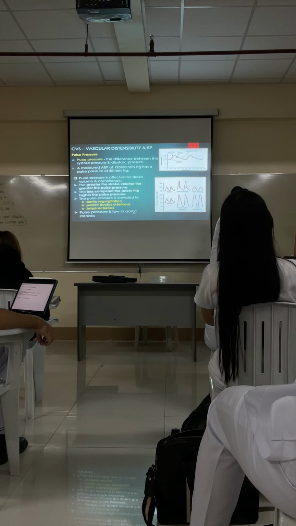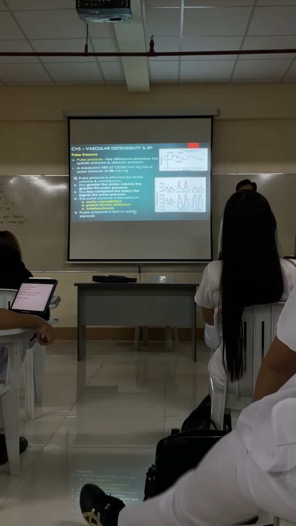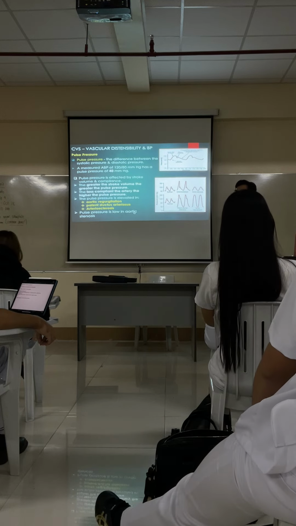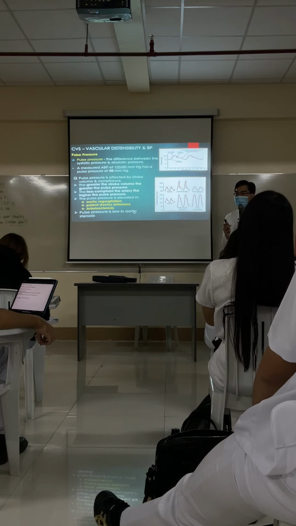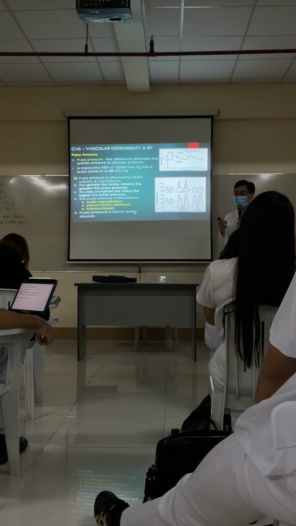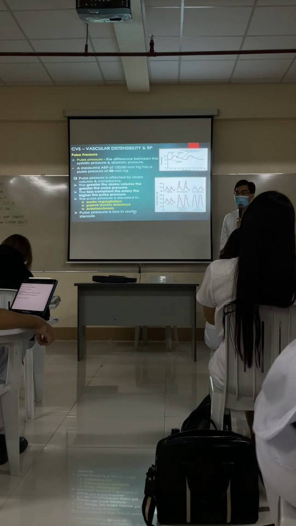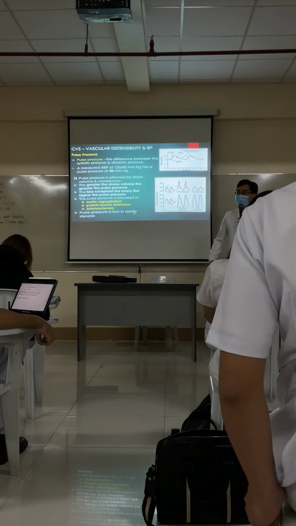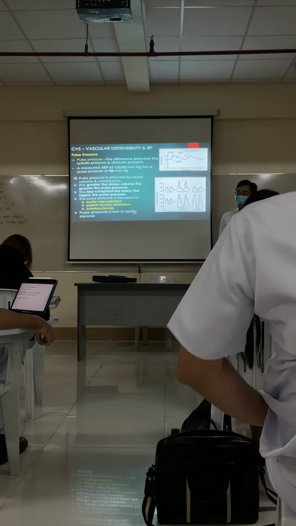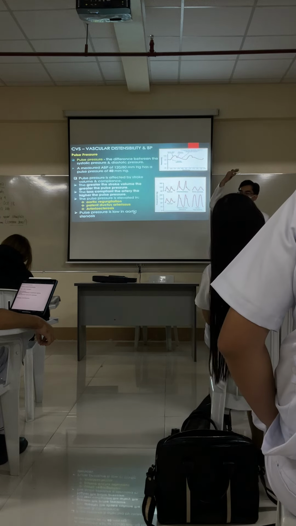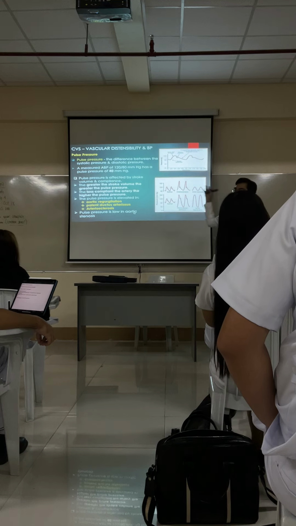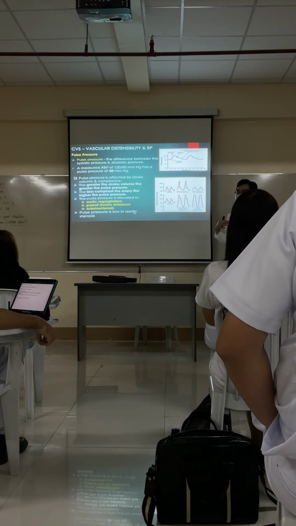Anong pulse pressure? Lumaki. This is an example also that if there's an increase in stroke volume, it will affect the pulse pressure. Bakit lumaki ang stroke volume? Kasi meron kang mixing of blood, yung lumabas babalik din yan, papasok sa main pulmonary artery instead na to the systemic circulation.